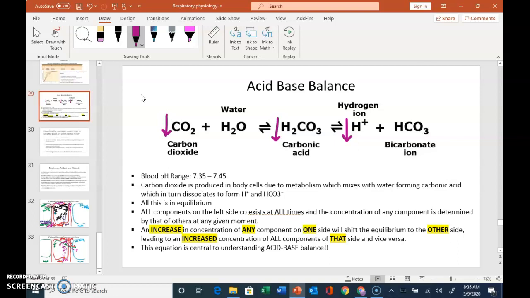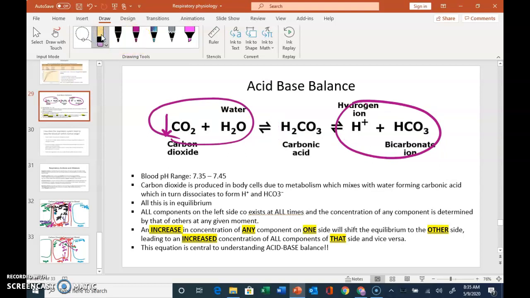Do you see that? So the change in this side shifts the equilibrium to this side. And that is true for increased numbers as well. If you have more hydrogen ion, that will shift the equilibrium to this side. You will have more carbonic acid and you will form more carbon dioxide. So again, this is very, very important.